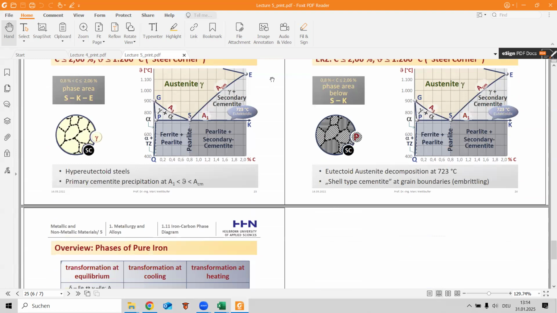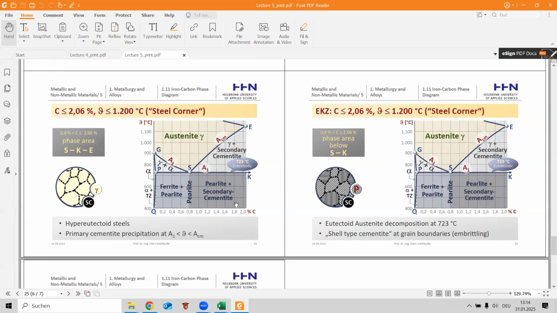SK. Secondary cementite precipitation at A1, which is at a lower temperature.